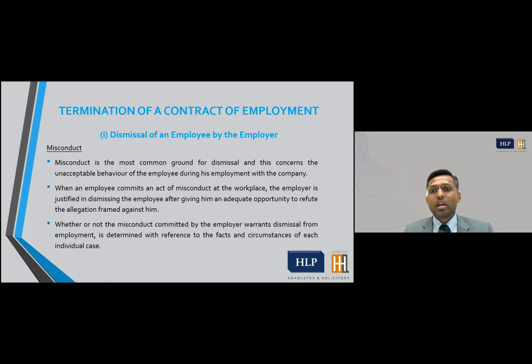That may be a ground that would constitute a misconduct entitling an employer to terminate the contract. Or there are other instances of unacceptable behavior by the employee. For example, committing theft, sexual harassment at work. So there are various grounds on which an employer may terminate an employee for misconduct.